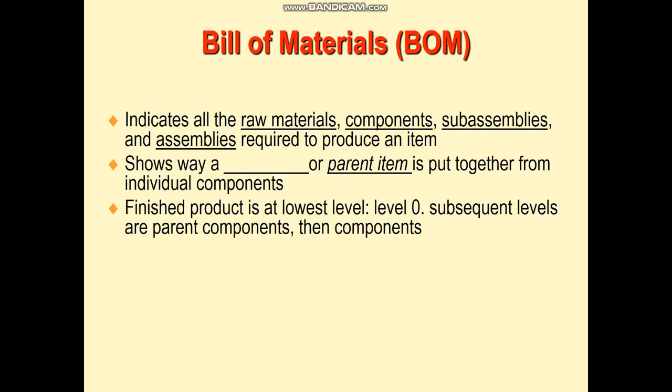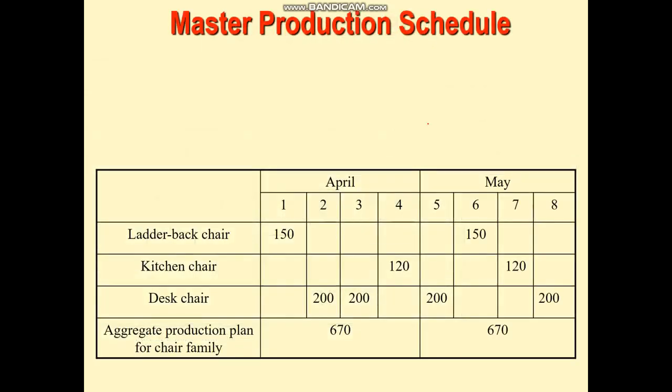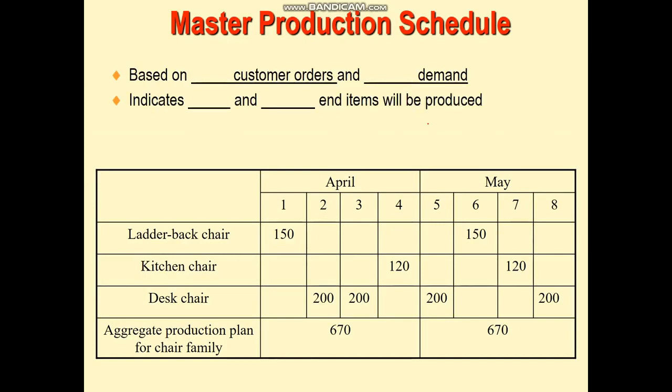Based on those factors, we will build the master schedule, and it will indicate when and how many end items will be produced. We can look at this example, the master production schedule for a family of chairs.